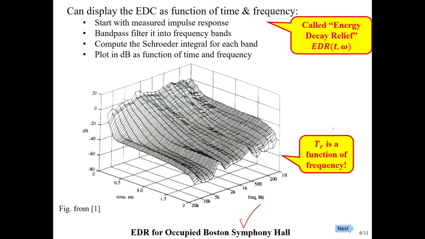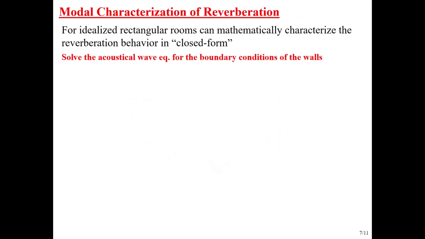We now know that the reverb time is a function of frequency, and this energy decay relief is something that we can use to think about how a particular room responds. So if you can measure the EDR for a room, that might give you some insight into how you should model that room. And we'll cycle back to that in subsequent note sets.